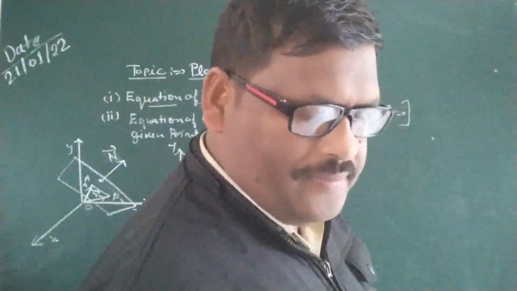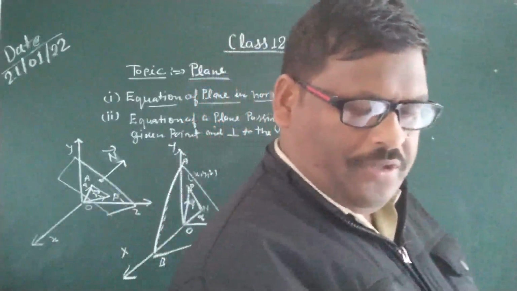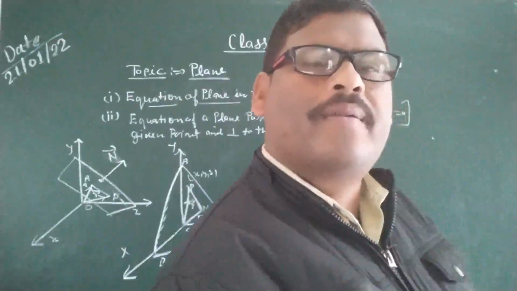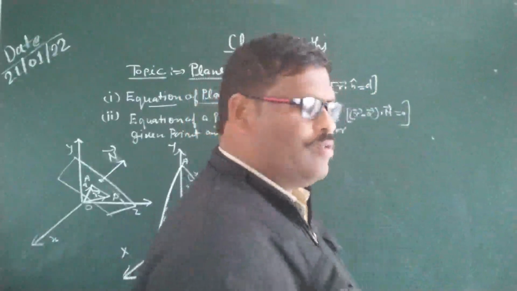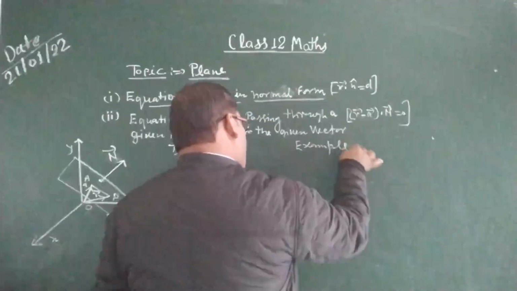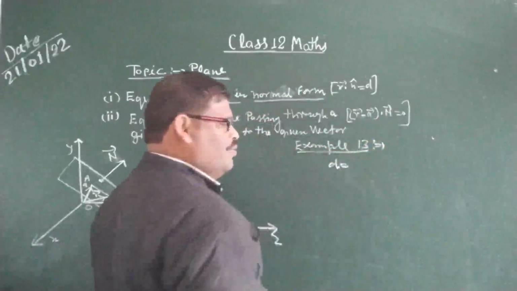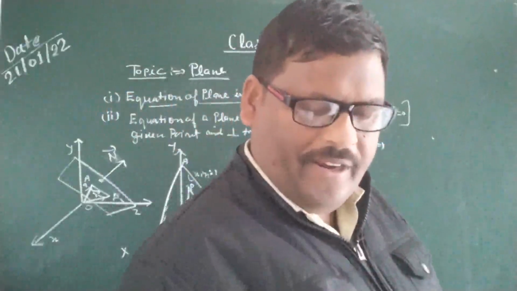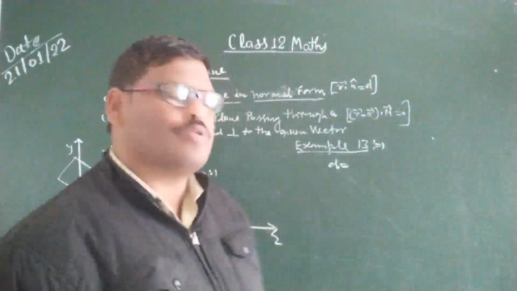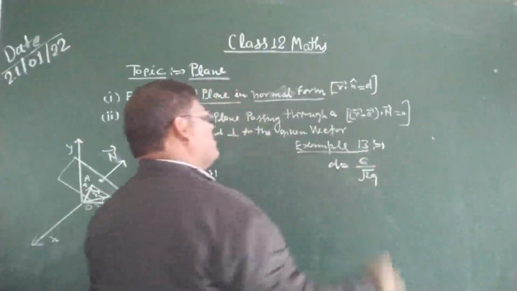So now, pay attention here. Given the perpendicular distance from the origin, that is small d, d is equal to 6 by under root 29. Example 13: d is the perpendicular distance of the plane from the origin, so we can write d is equal to 6 by under root 29.